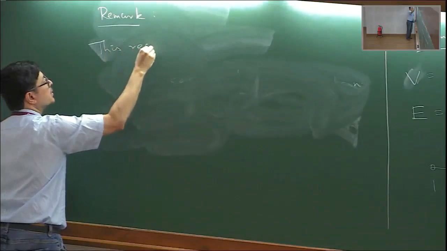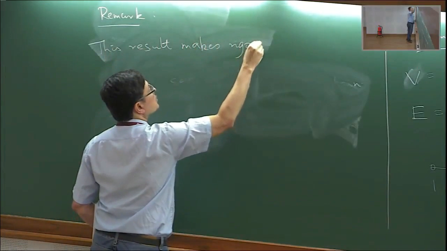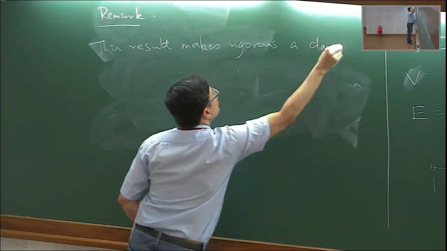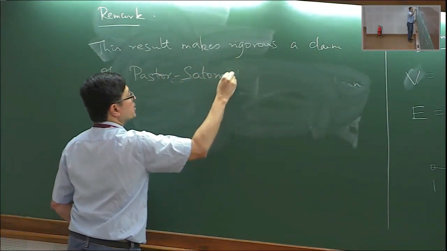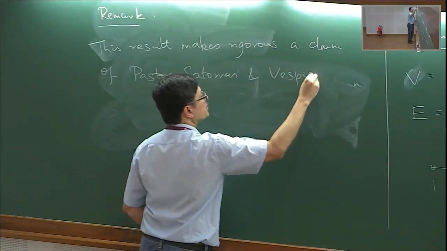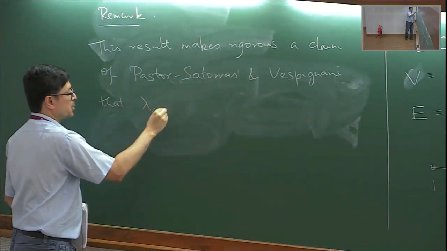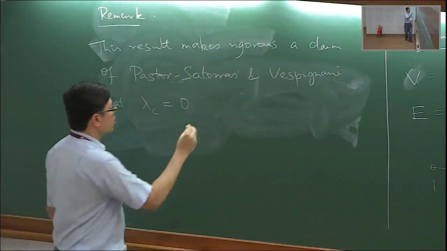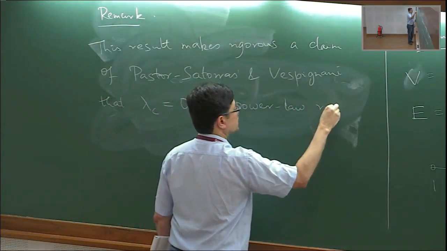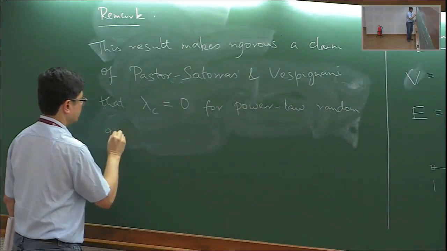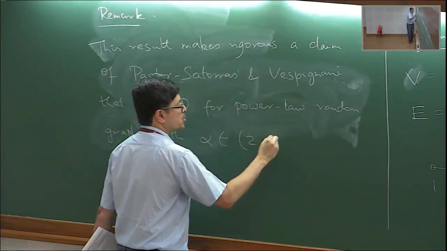This result makes rigorous a claim of Pastor-Satorras and Vespignani, that indeed the epidemic threshold is 0 for power law random graphs with power law exponent alpha lying between 2 and 3.